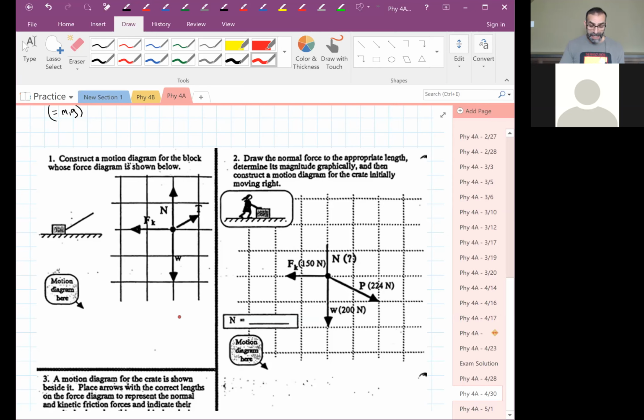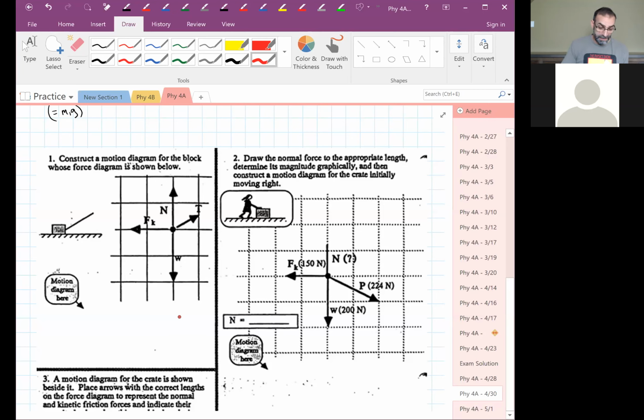Is it moving up or down? It's not moving up or down, right? How do we know that?